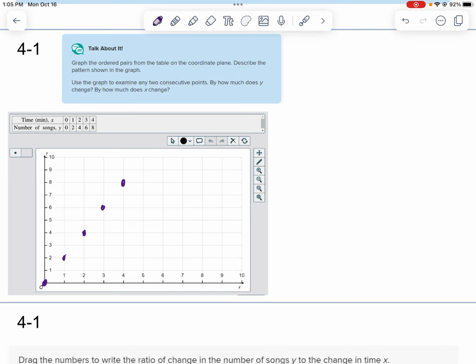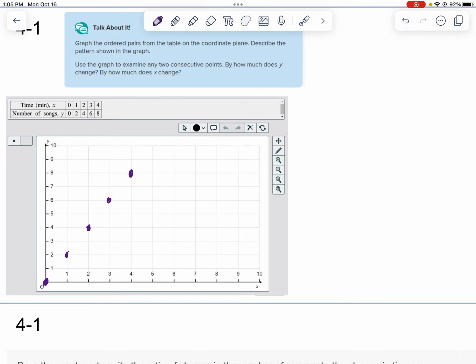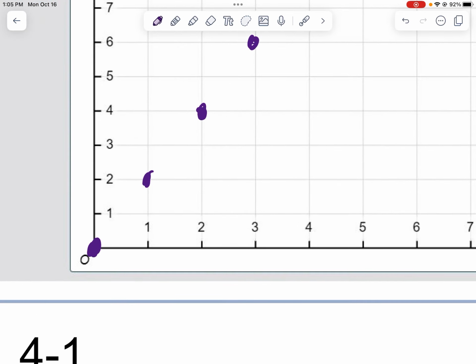Okay, how much does y change by? So if I'm looking at the y's, how much does it change by right here? How much does it go up by? It went up by 2. How much does the x change by? The x changed by 1.